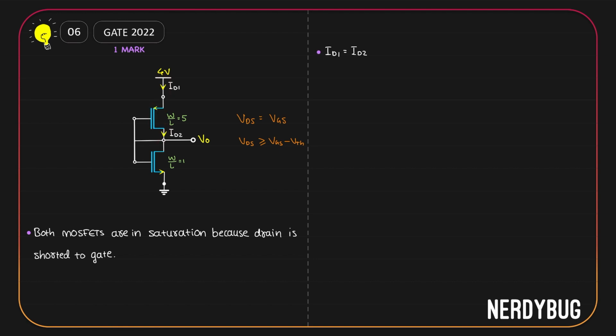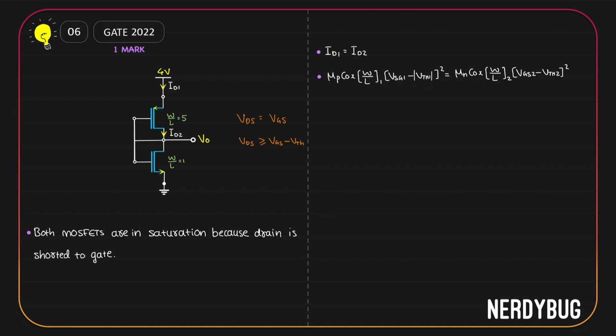How do we express ID1 and ID2? We saw that the MOSFETs are in saturation. So current will be maximum. Maximum value of drain current is given by µnCox W by L VGS minus VTH whole square. At least for nMOSFET that is. For pMOSFET we have to write mu P Cox W by L1 VSG1 minus magnitude of VTH1 whole square.